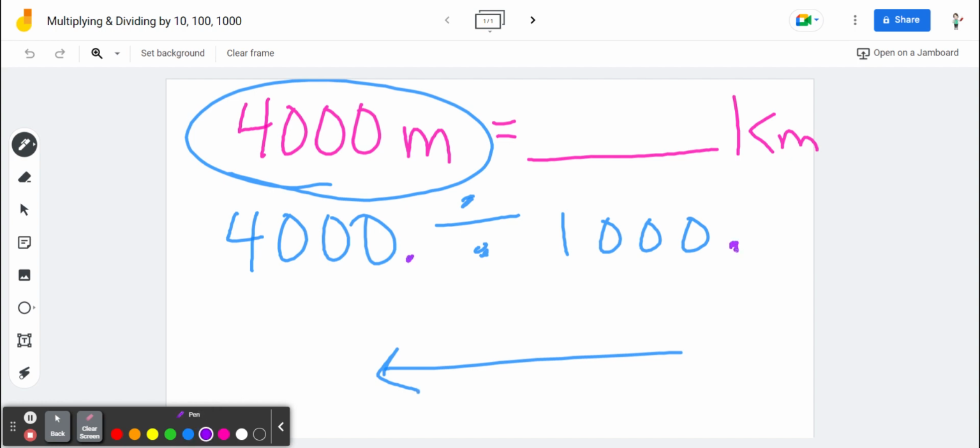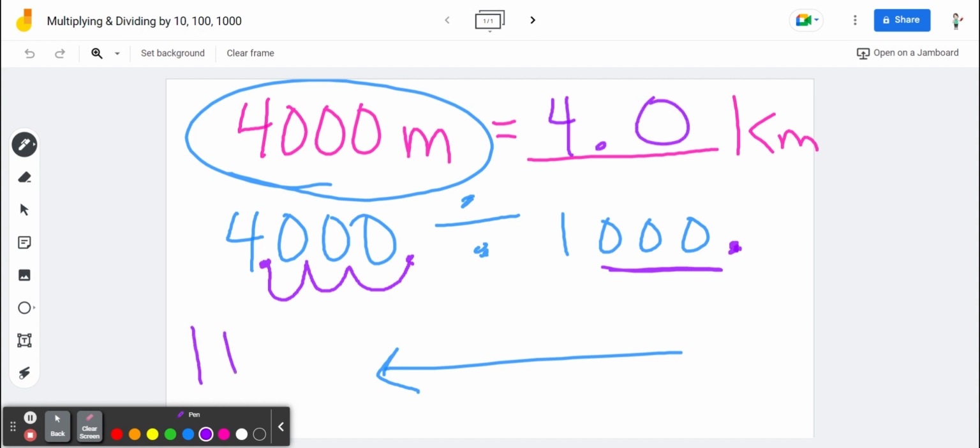For sake of argument, I'm going to pretend our decimal is right there. And we're going to move it 3 spots. 1, 2, 3. And that's 4 kilometers. That makes sense because if 1 kilometer is 1,000 meters and I have 4,000 meters, I would have 4 groups of 1,000 or 4 kilometers.